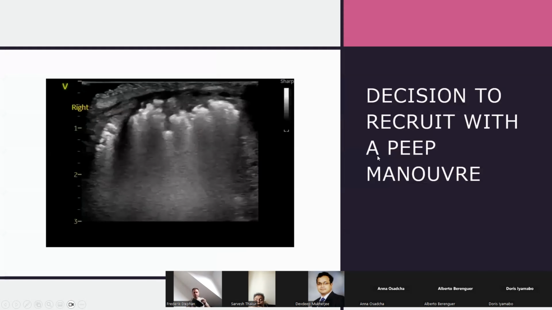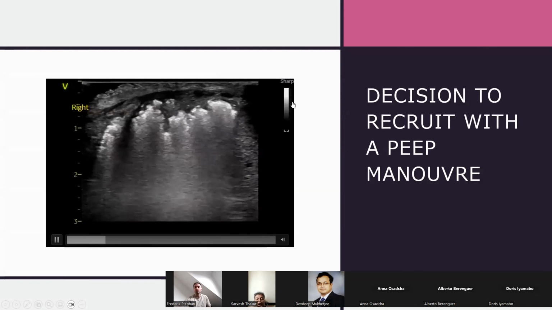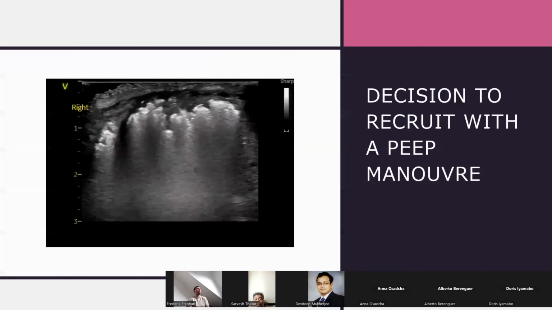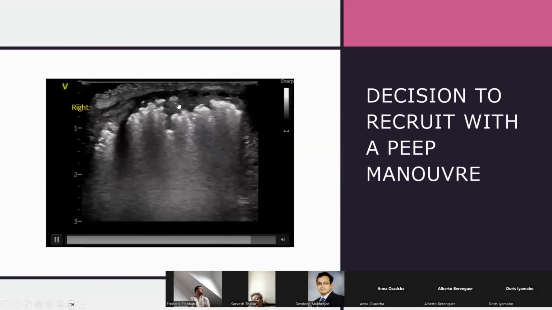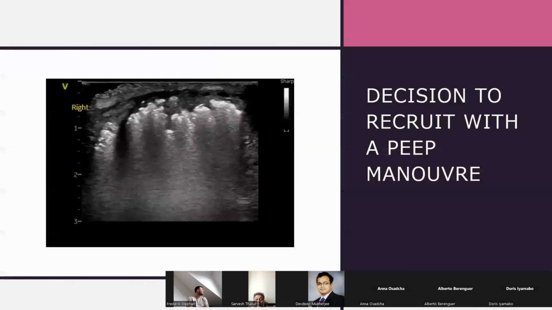And this is really after recruitment by increasing the PEEP by 2 and giving the baby 30 minutes. It's the right side. And what you can see is we've recruited the lung much better. Now, I've used the right side in this particular situation because I did not want to handle the baby too much, and it was easier for me to access the right side.